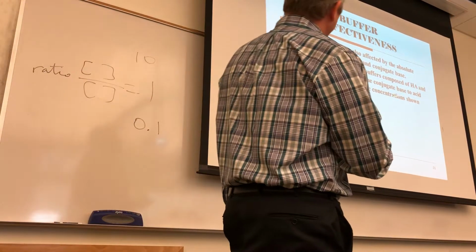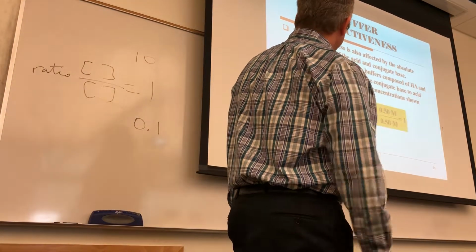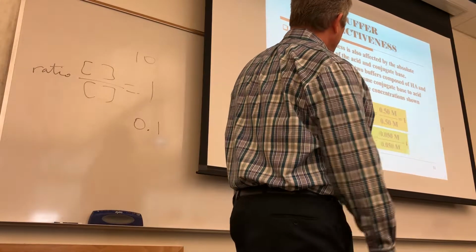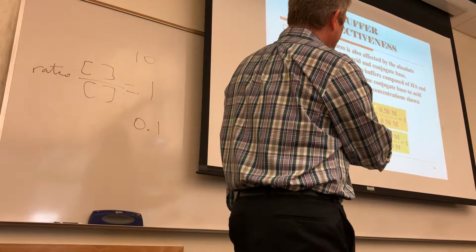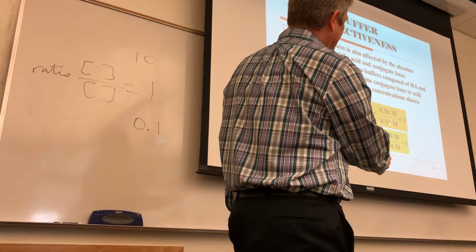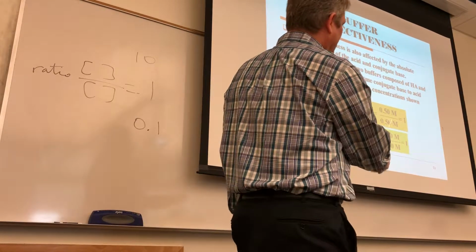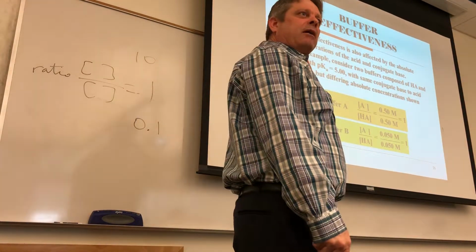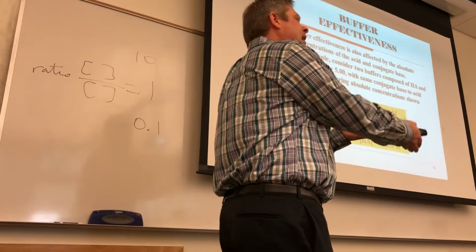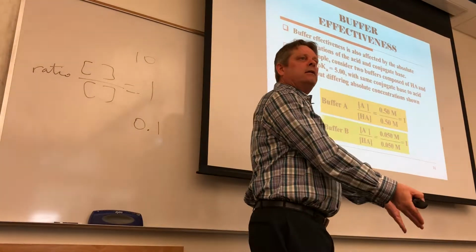The other thing I mentioned earlier is the amount here. Both of these are 1-to-1, but you see the amount of the system is 0.5 and 0.5 versus 0.05 and 0.05. That's a tenfold difference. And the amount also is relative to how much of the strong acid or base you're putting in.